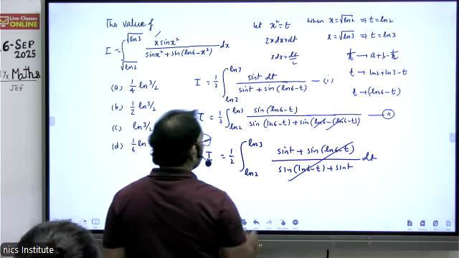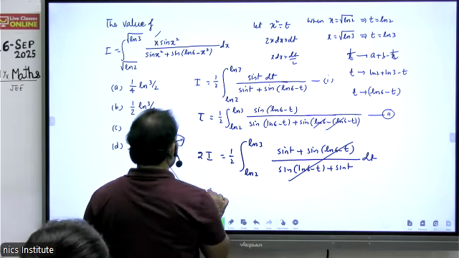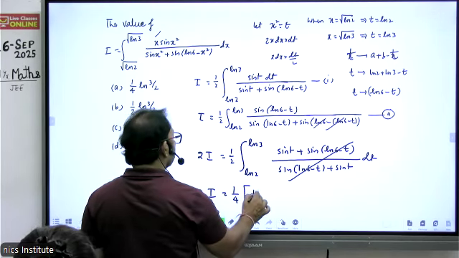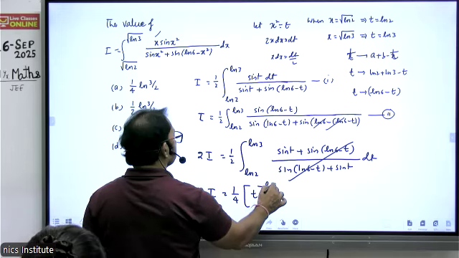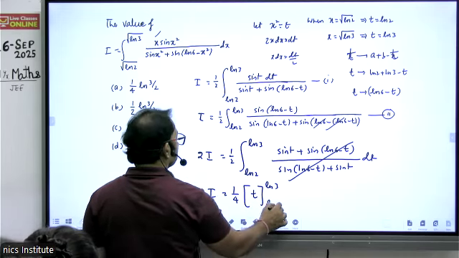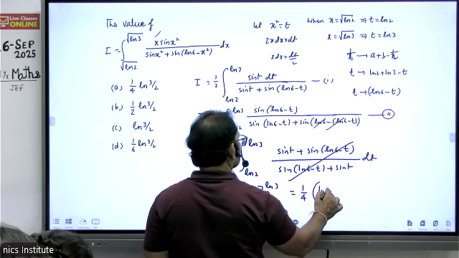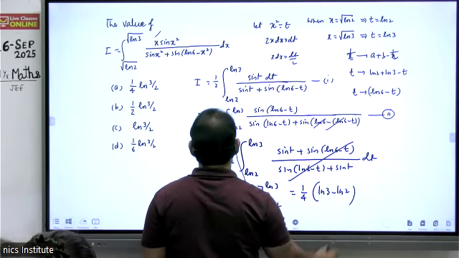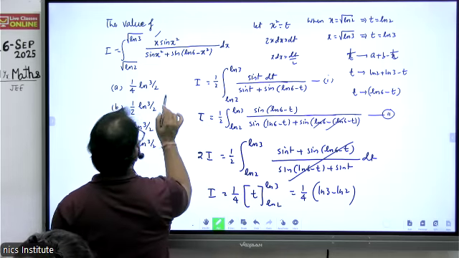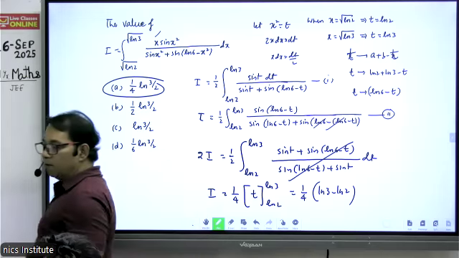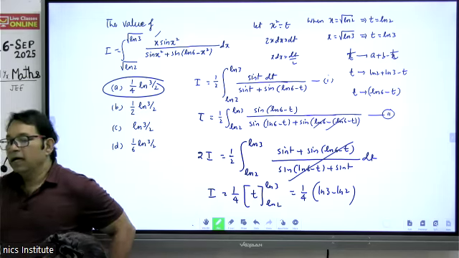This will cancel out 1. So I is equal to 1 by 4. Integration of 1 would be t. Limits. Answer is A. 1 by 4 ln 3 by 2.